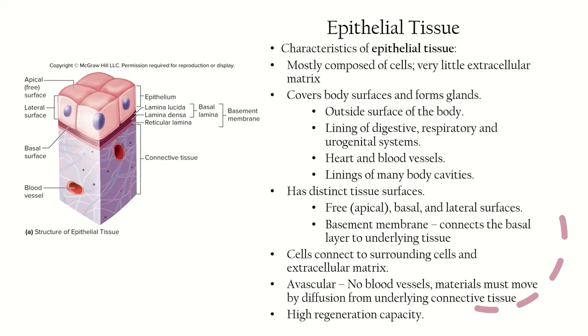So there are distinct different types of surfaces on epithelial cells. There's the apical side or the free side, which is the top surface here. You have the basal side, which is the bottom part that will touch and connect to your connective tissue. And then there are the lateral surfaces, which are kind of in between the apical and the basal layer.